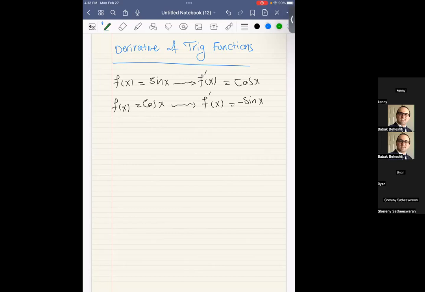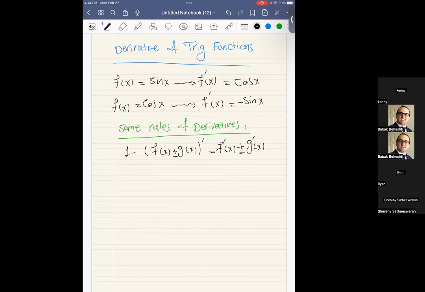So, some rules of derivatives. One is derivative of the sum: f of x plus g of x, prime, is f prime x plus g prime x, which is true also for minus.